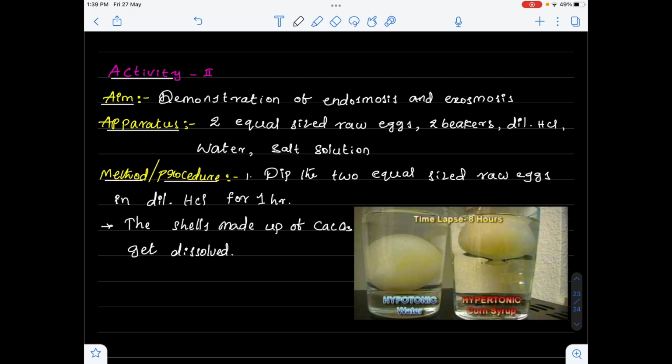Now we should wash the two eggs with water two to three times.